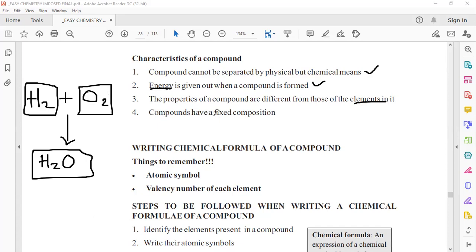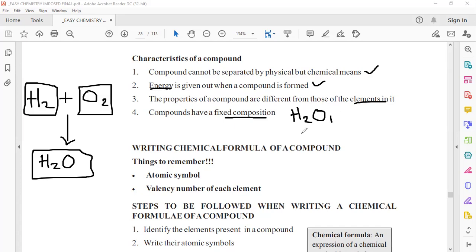A compound always comes with a fixed composition. What do they mean by fixed composition? Water is always H2O. They always combine in that ratio: 2 hydrogens, 1 oxygen.